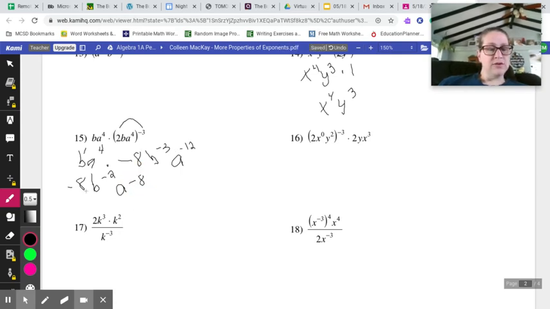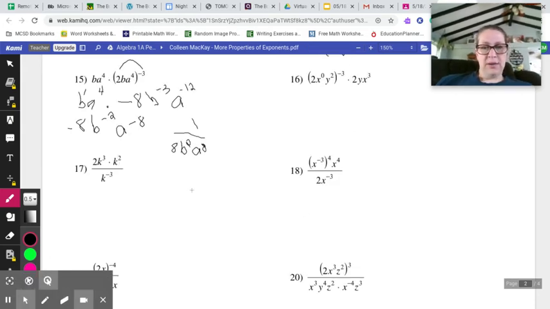Okay. So my final answer will be, so I want to get rid of all my negative signs. And to do that, I'm going to just put them in the denominator. So I'm going to have 8, b to the second, a to the eighth over 1.